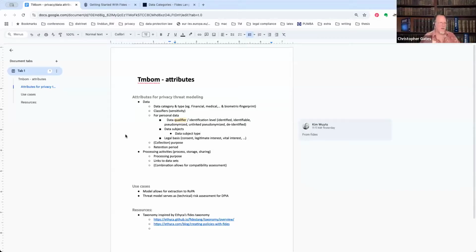Privacy is one, I won't even say minor, one player in threat modeling. Just to quote Kim, this could be a PhD project, and it sure could. And when we back up to the threat model level, that 20,000-foot view of it, I'm terrified now. So thank you, Kim. Really do appreciate that.